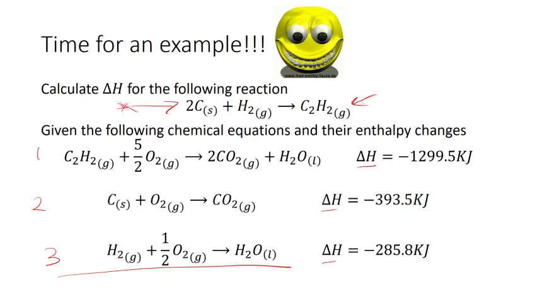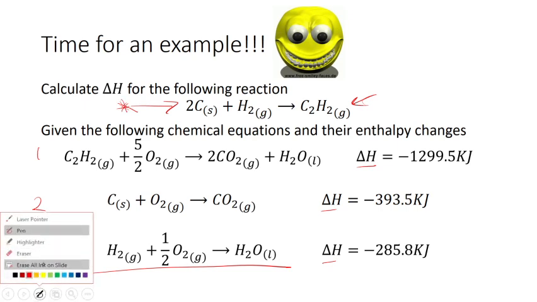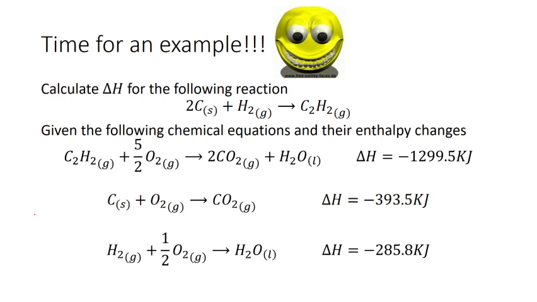Now, just like mathematical equations, we can do pretty much anything we want to these equations as long as we are consistent and do things both to the equation itself and to the enthalpy value that results from the equation. So if you look here, we want C2H2 as a product, yet here it is as a reactant.